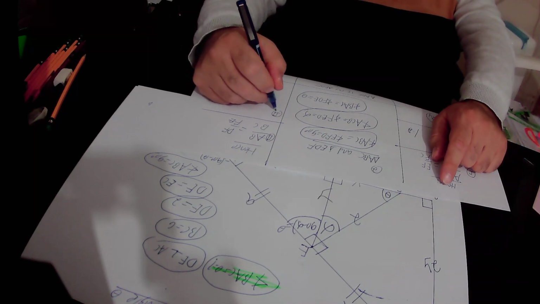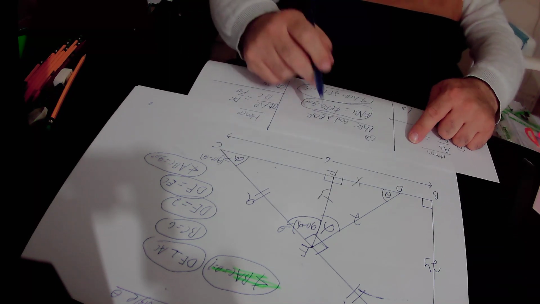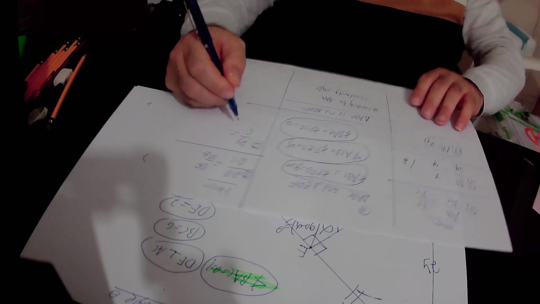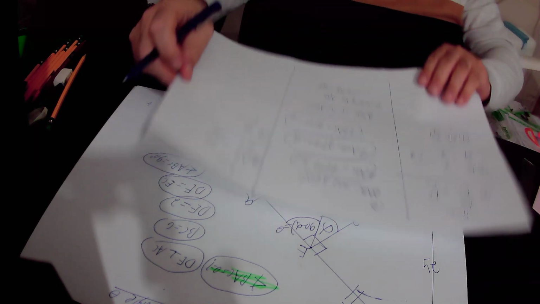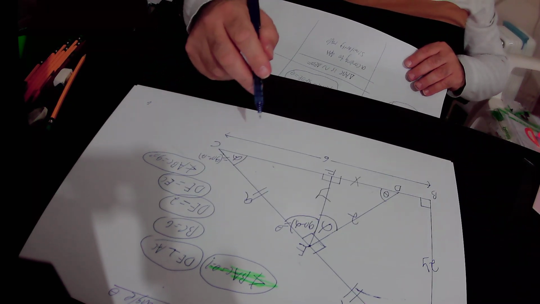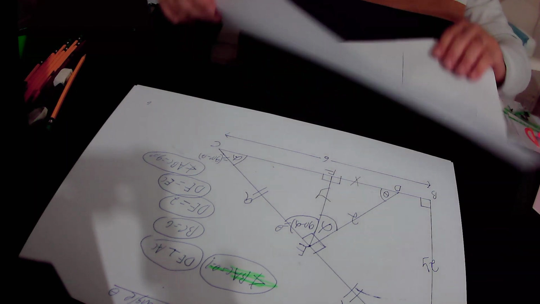AB is equal to 2y, so we substitute AB by 2y. BC is equal to 6 according to what is given in the question. DF is equal to x according to our definition, and FE is equal to y by our definition.